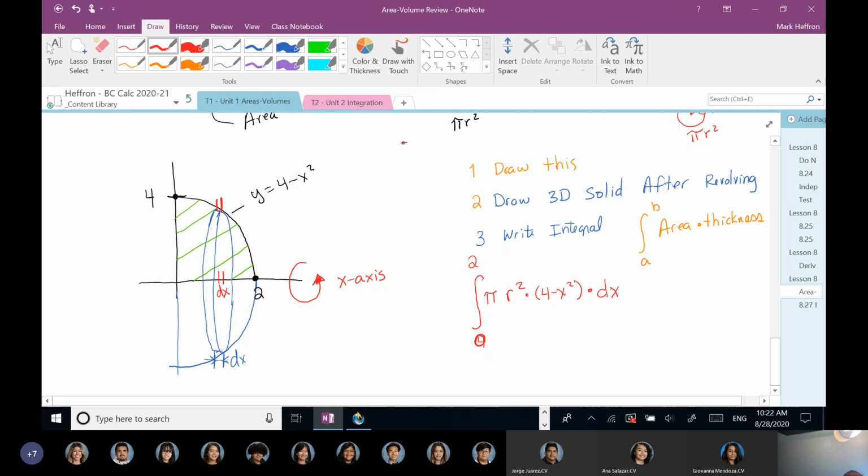Because this is a cylinder that has a radius in the y, but a thickness in the x. And so here's my question. What is the radius that Jorge correctly identified in the formula?